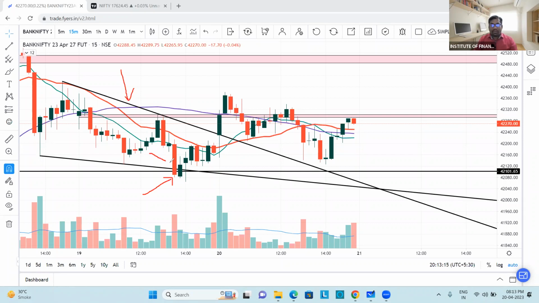Whenever you get a breakout candle like this, a big candle, breakout or breakdown, immediately if you get any opposite candle which closes inside its zone, so this red candle came out of the zone, then immediately this green candle opened here and closed inside the zone. Understand, this can be a trap 95%.